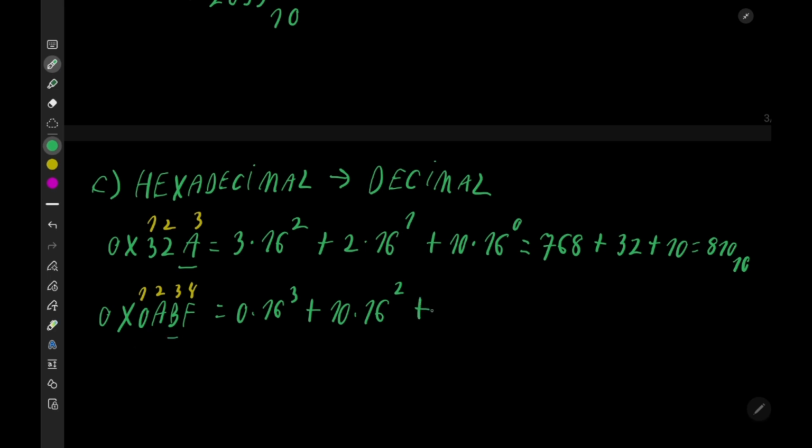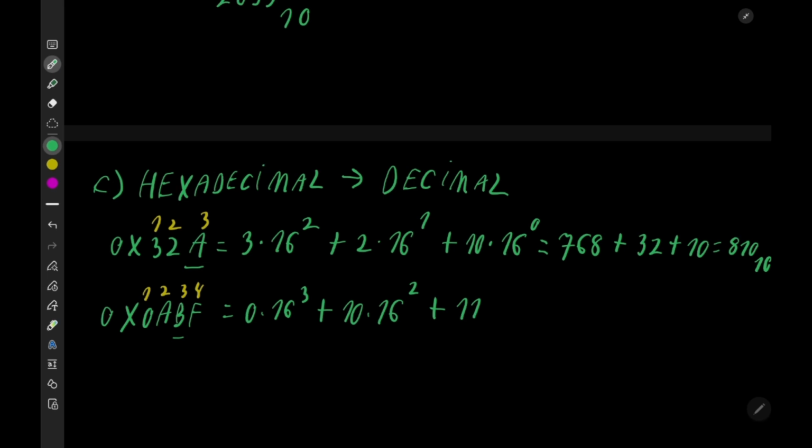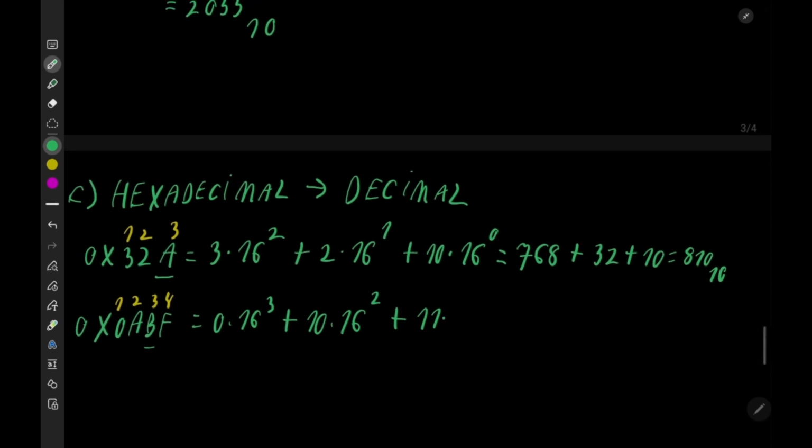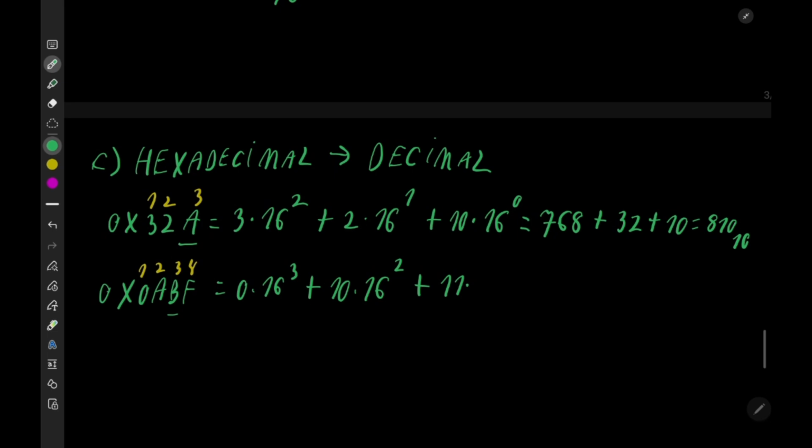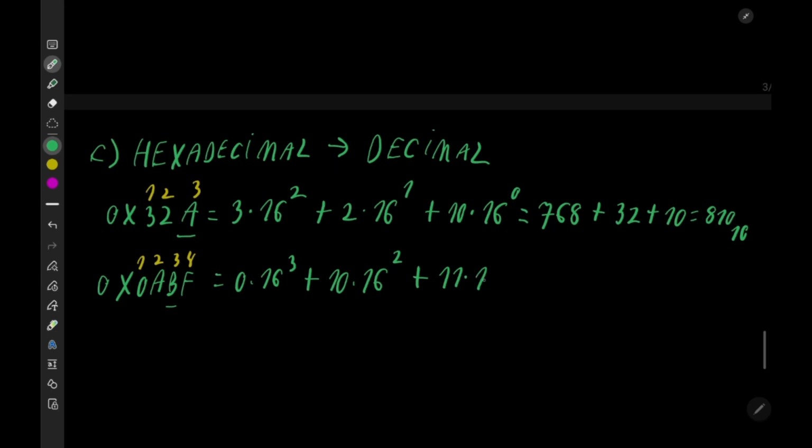Then we have b. B is going to be 11, because we know b is 11. 11 times 16 at the power of 1. And then we know f is 15, so it's going to be 15 times 16 at the power of 0.